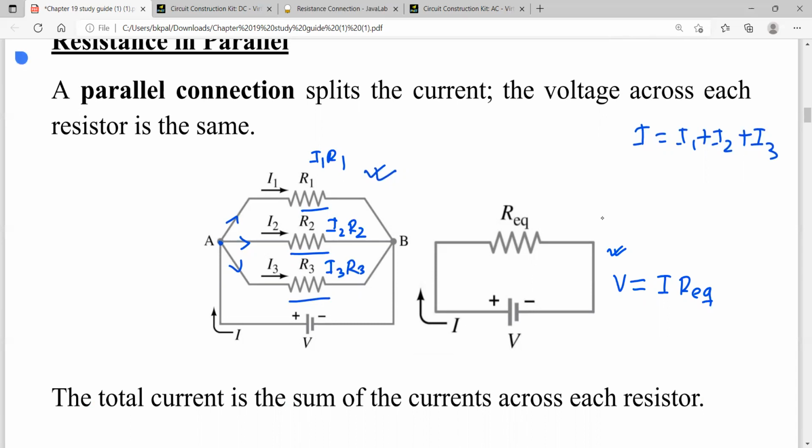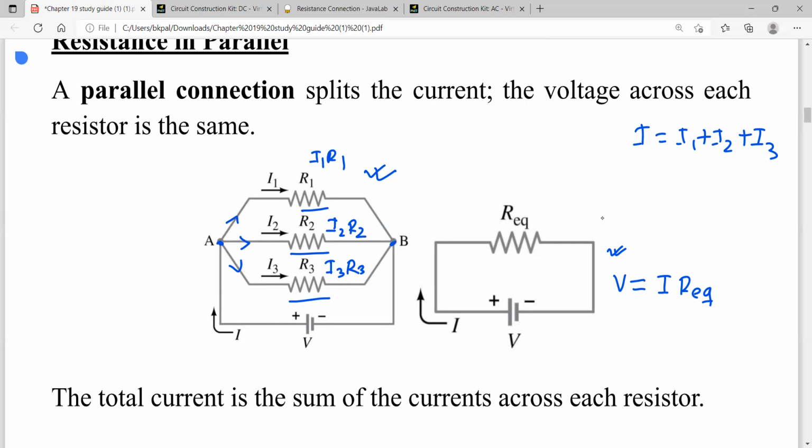But here you see that R1, R2, and R3, and also V are connected at A and B, these two terminals.